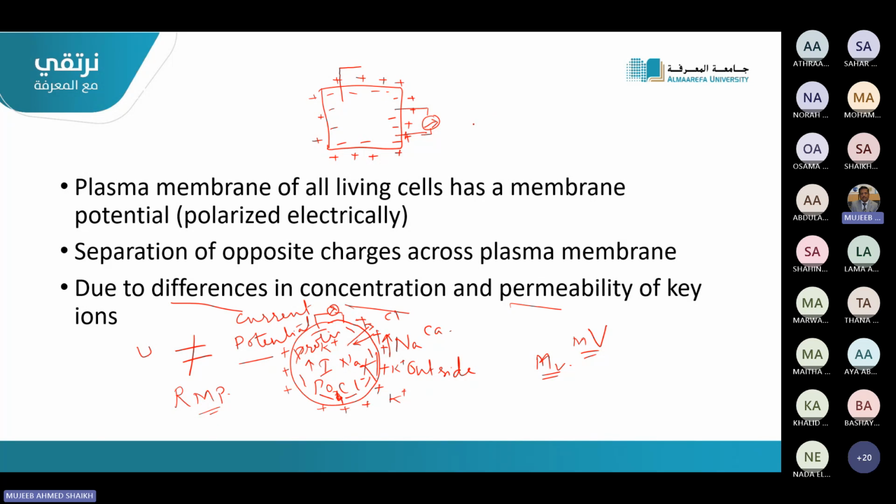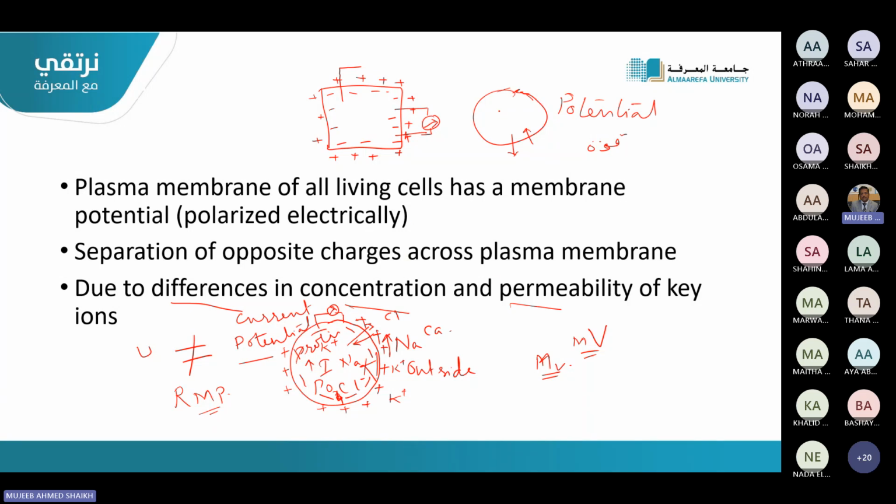So similarly, in our body, all the cells will have some sort of current at the membrane. Here at the membrane, there is some sort of current, which we call potential. This potential is because some are more permeable and some are less permeable, and it creates some concentration difference.